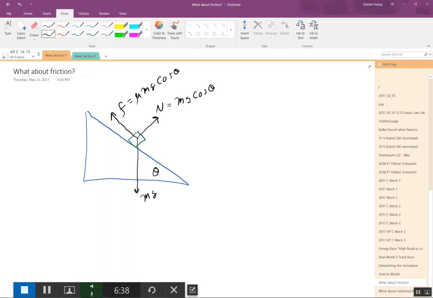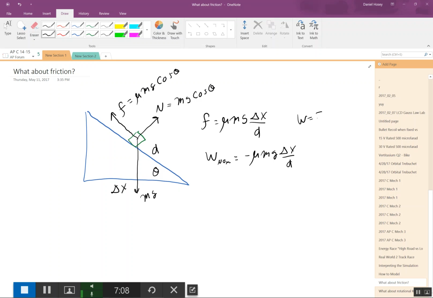But this cosine of theta, with this distance delta x and the length of this side being d, means the friction force is equal to mu mg, and instead of cosine theta, I can write delta x over d. Well, the non-conservative work done by the friction force is going to be equal to negative mu mg cosine theta, which is delta x over d, times d to get the distance.